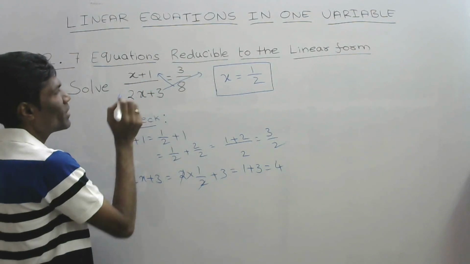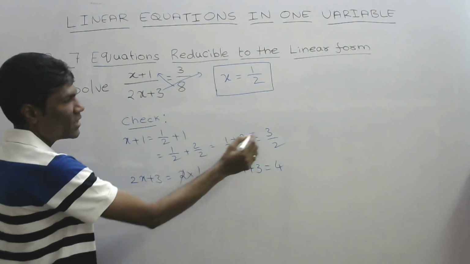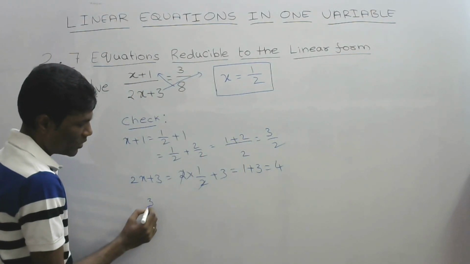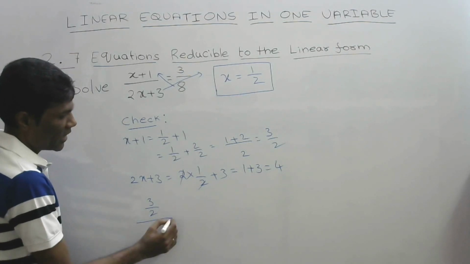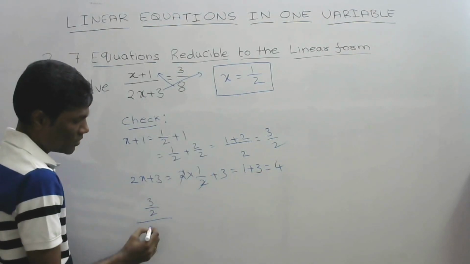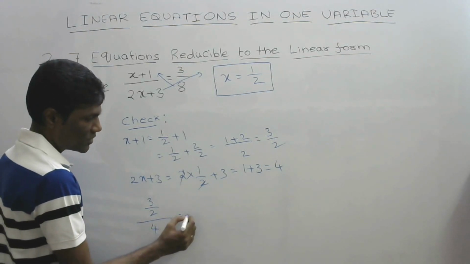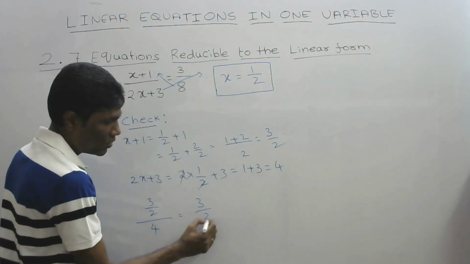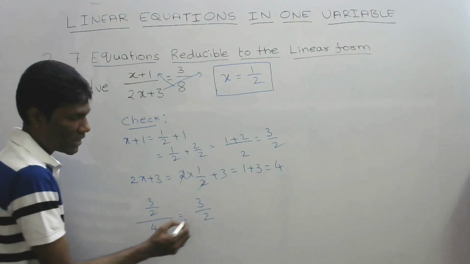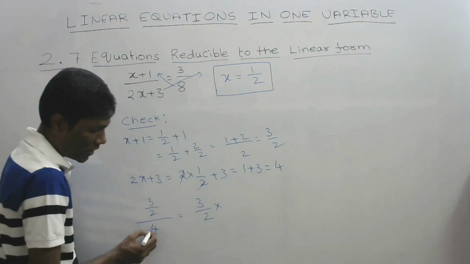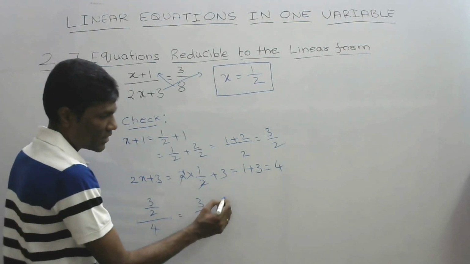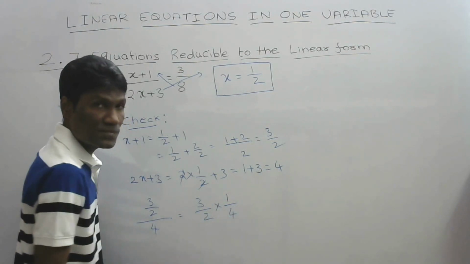LHS x plus 1 by 2x plus 3. In place of x plus 1, we will be writing 3 by 2 divided by 2x plus 3 is 4, that is 3 by 2 divided by 4. So this can be written as 3 by 2 into reciprocal of 4, that is 1 by 4.